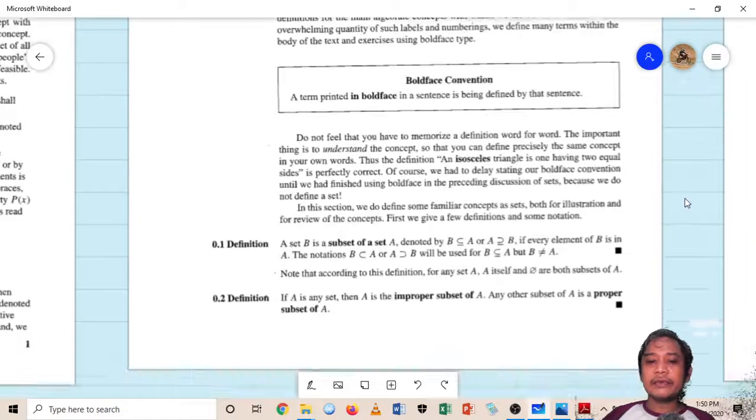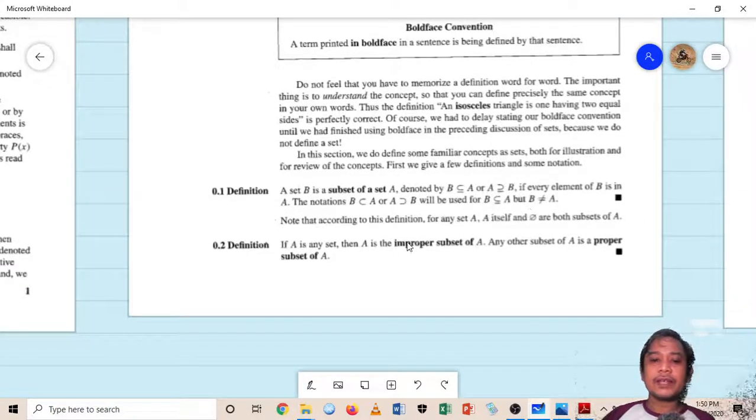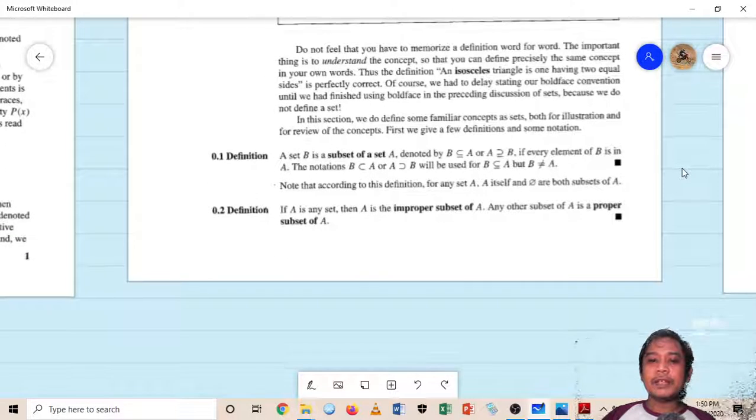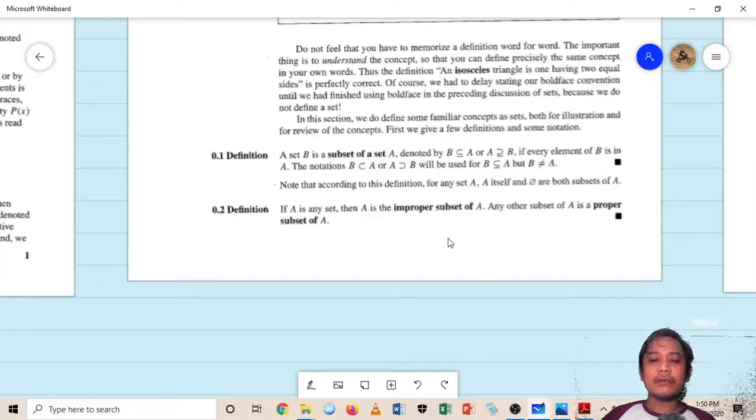Okay, next we have the definition of a subset. This would be our basis if we are asked to prove whether or not a set is a subset of another.